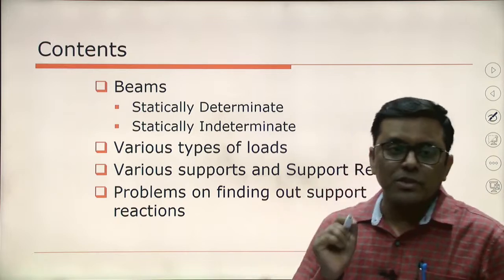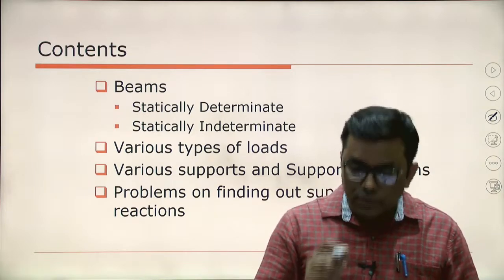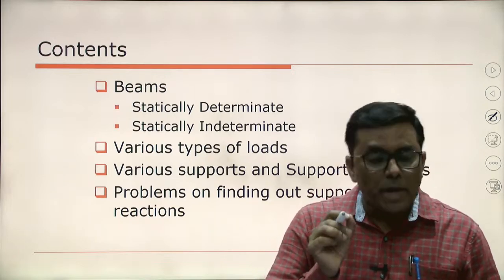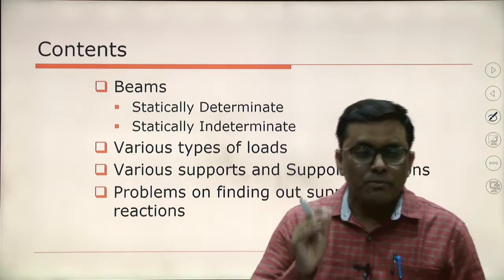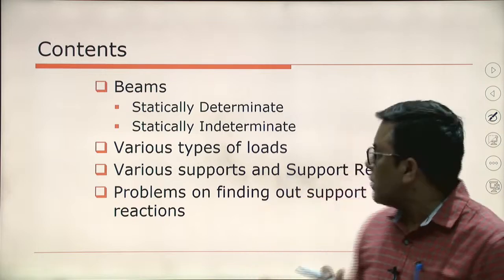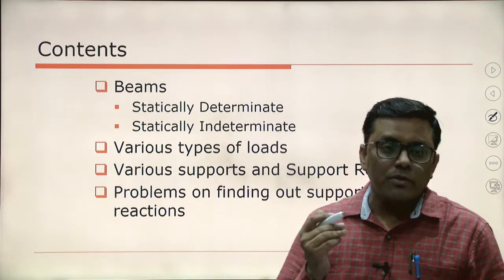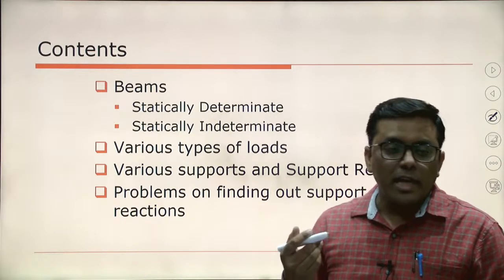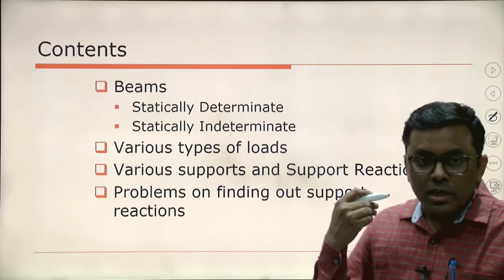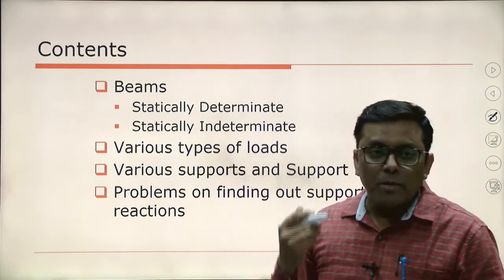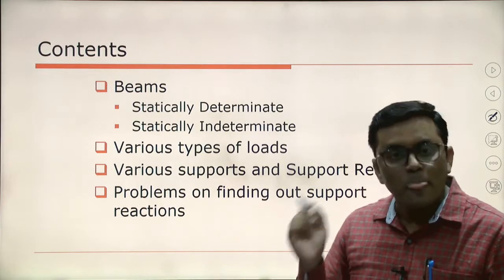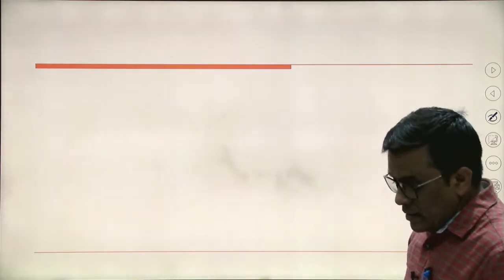These are the two external causes which cause the shearing and bending action in the beam. So that's why first I am starting my discussion with the external causes for shearing and bending action. Then in the next lecture I will be discussing the shear force and bending moment analysis of the beams. So now let's start.